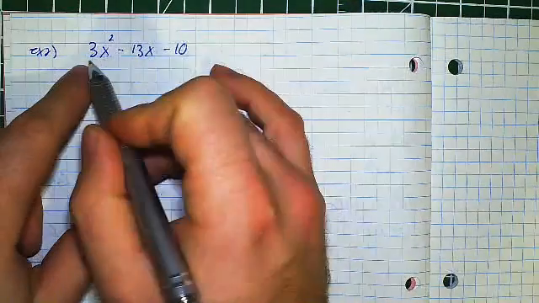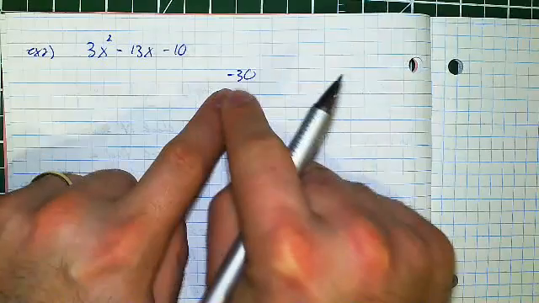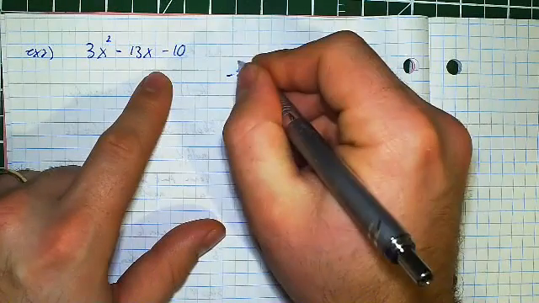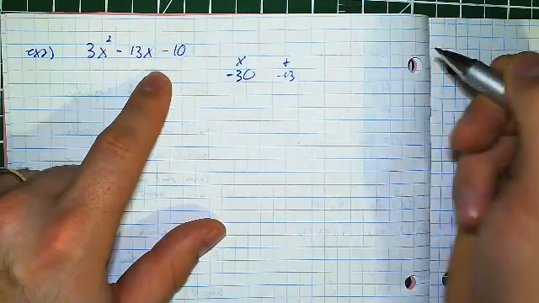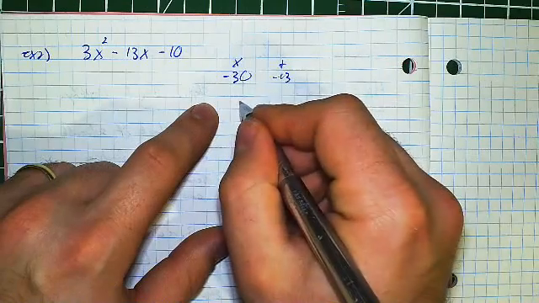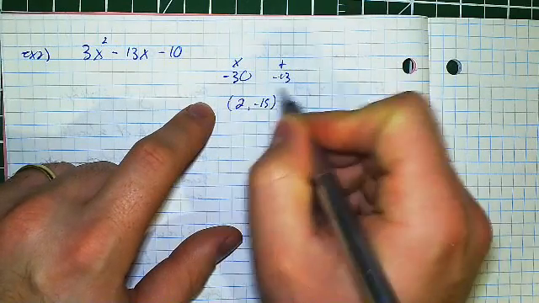So I go 3 times negative 10, so I have negative 30. I have to find something that multiplies to negative 30 and adds to negative 13. I know that positive 2 and negative 15 would multiply and add correctly, so we're good there.